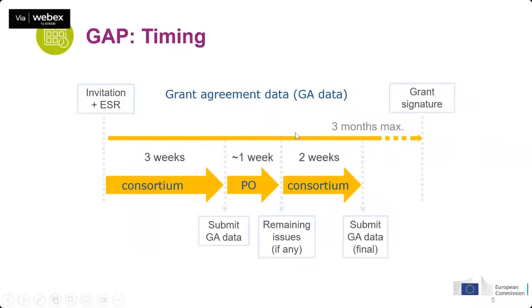So for the interaction with you, the participants, this is more or less what we planned in the grant agreement preparation process. Once you receive the invitation to start the grant agreement preparation, you will normally take about 3 weeks to prepare the data in the tool. You may take much less than this. As soon as you finish, you can submit your data to the European Commission, and then we plan about 1 week to revise the data that you have prepared.